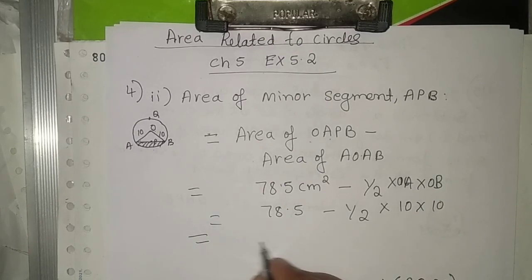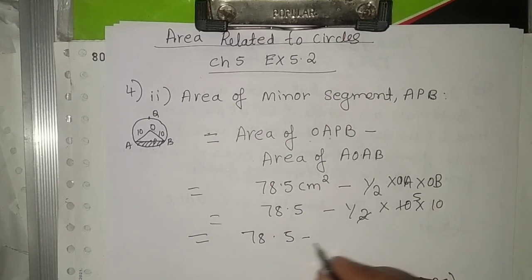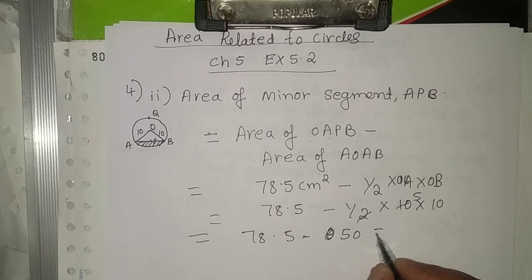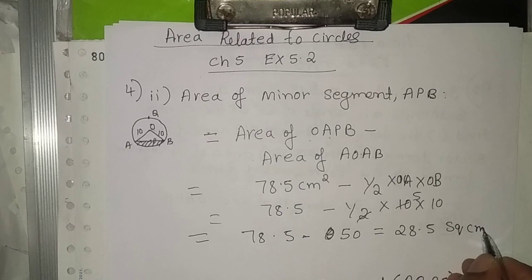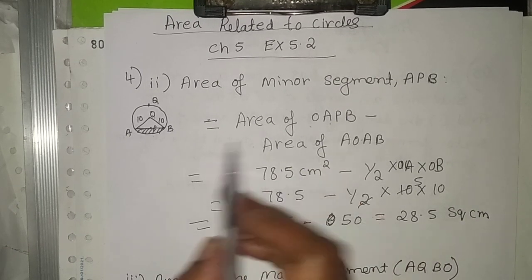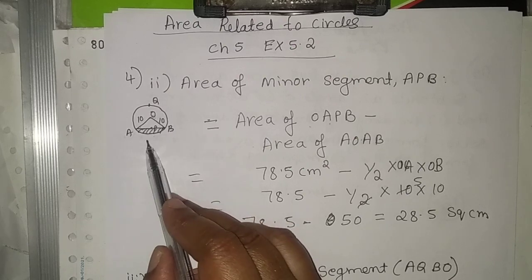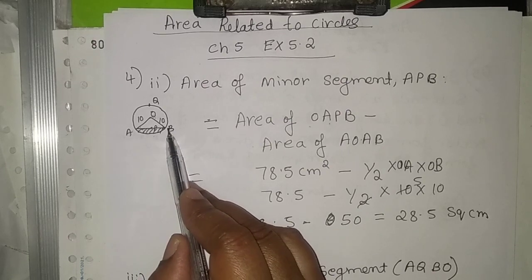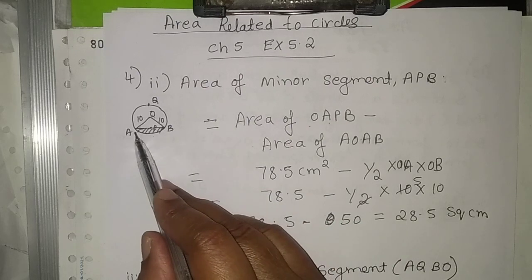So this is equal to 78.5 minus 50, which is 28.5 square centimeters. So the area OAPB minus the area of triangle OAB will be the area of the minor segment APB.